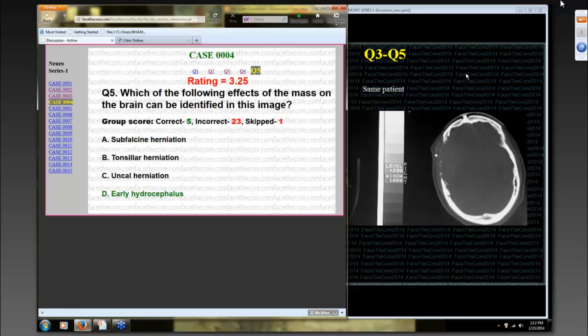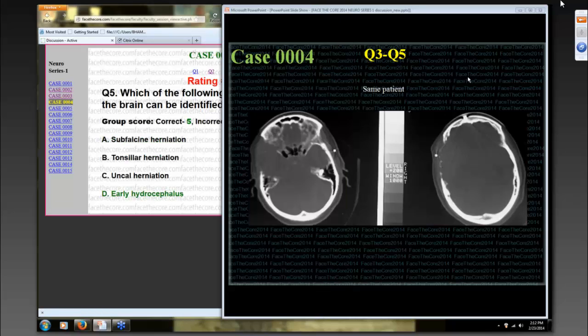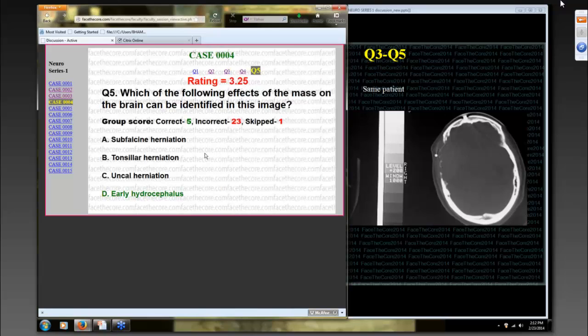And coming to the fifth question, as to herniation or types of herniation: in cases where there is a big space occupying lesion intracranially, whether infra or supratentorially, there are different types of herniations that are described.